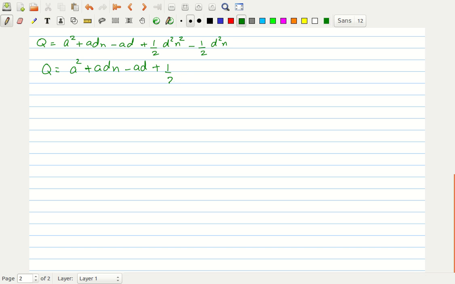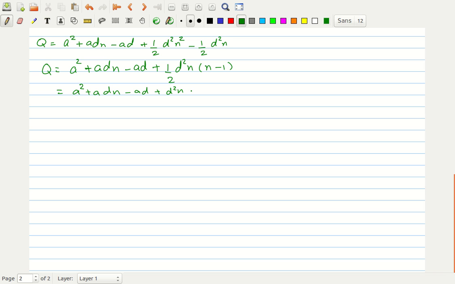I can take half d square n as a common factor out, and you will be left with n minus 1, right? I know that d square n is also an integer. All I have to prove is that a square plus adn minus ad plus d square n is also an integer.